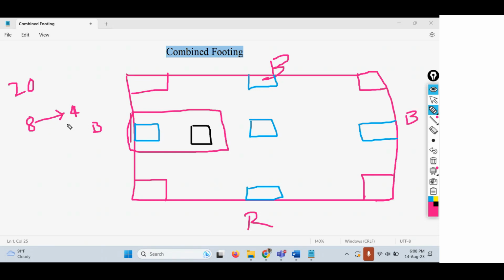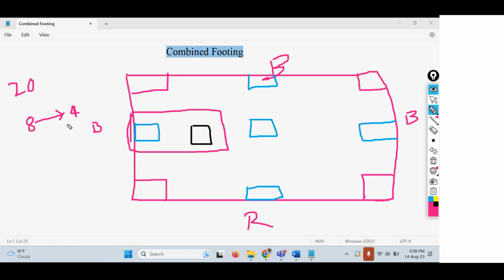The first rule of using a combined footing is when two isolated columns are close enough that their footings coincide, then load distribution will not happen properly. To ensure uniform load or pressure distribution, you have to provide the combined footing.